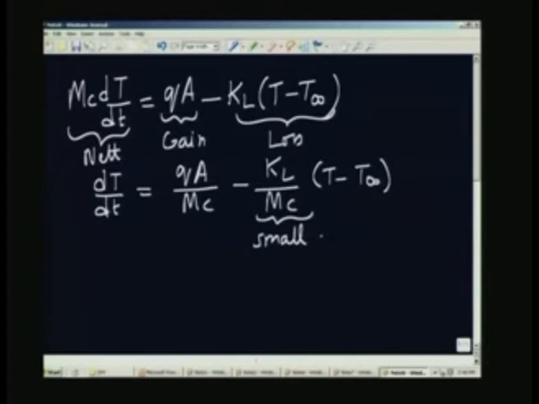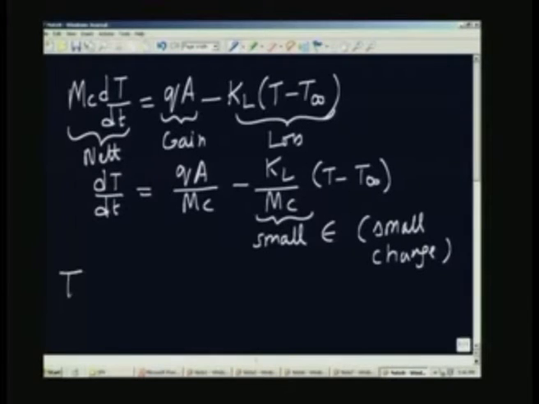So, I will say this is small and I will indicate its magnitude by epsilon. The idea is that T minus T infinity multiplied by epsilon is small compared to the first term. Of course, then the dominant effect will be the effect of the input heat flux, and this will be a small change in the response.